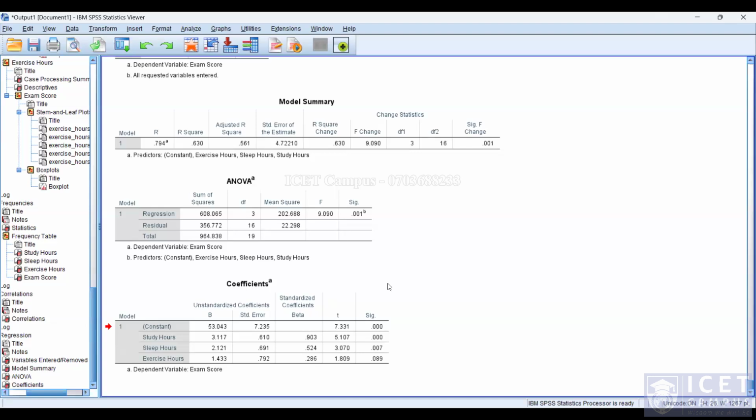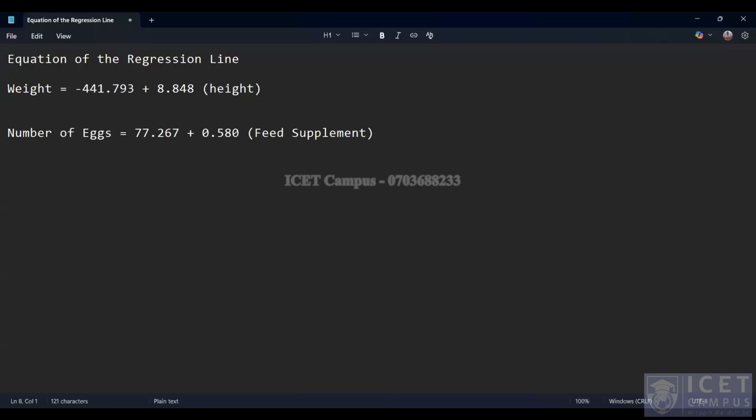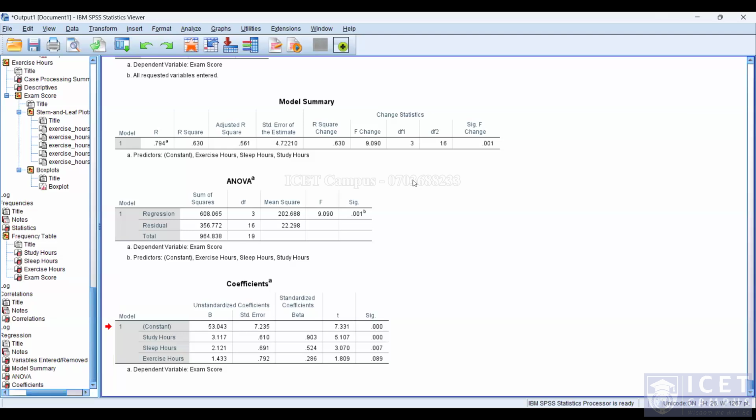Then we can write the regression line. Dependent variable is exam score. Then you can write exam score equals, then the coefficients.